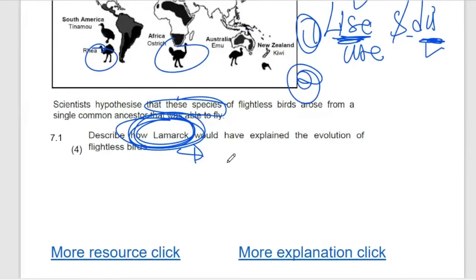They passed this character, not allele, because this one doesn't talk about alleles. They passed this character. Which character? Of not being able to fly, to the next generation, leading to these birds which are not able to fly. So that's how you're supposed to explain this. In this case, they are bringing about disuse.